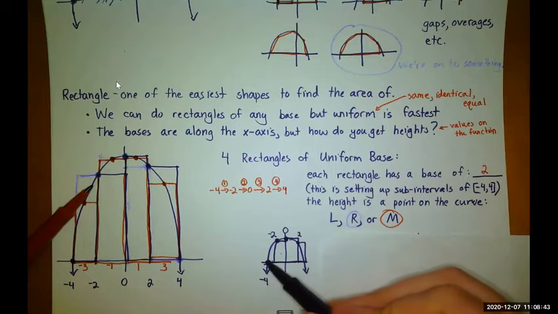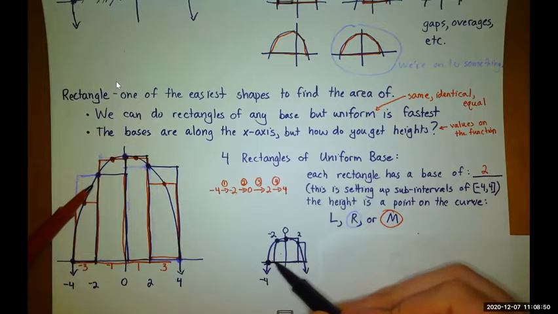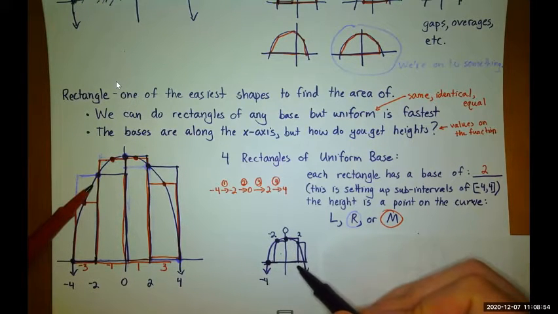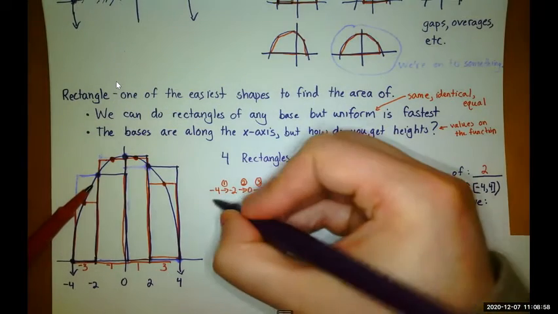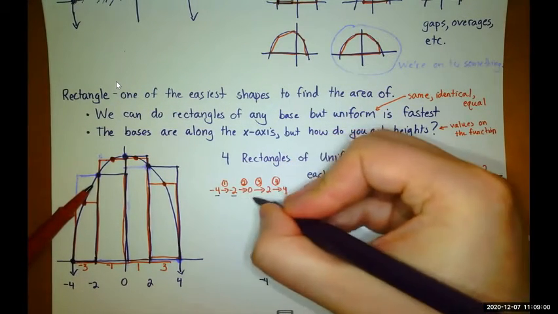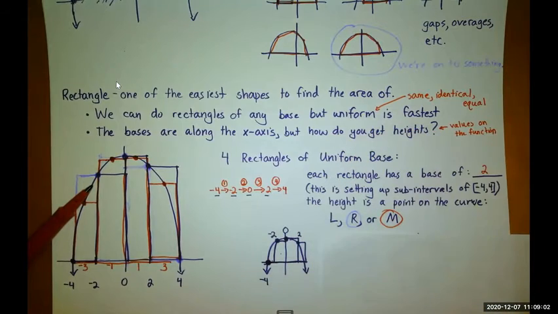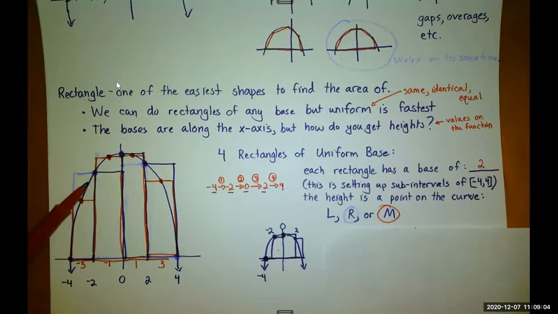First one, -4 to -2, the height is at -4. Second one, -2 to 0, the height is at -2. Third one, 0 to 2, the height is at 0. Fourth one, 2 to 4, the height is at 2. Those would be the left values for the 4 rectangles. So that's one option that's commonly done.